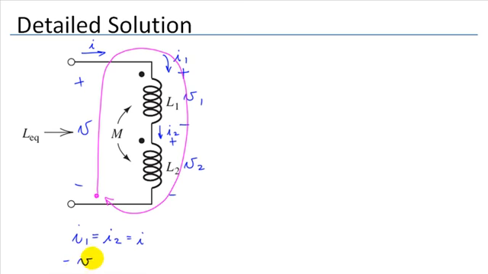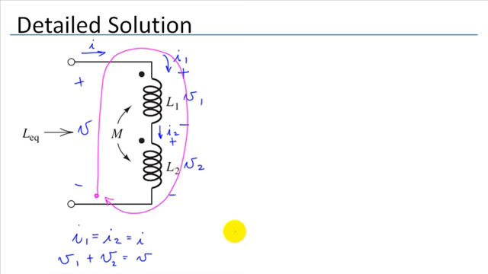So I write minus V plus V1 plus V2 equals 0. Let's get that subscript where we need it. I'll bring the voltage on the other side.